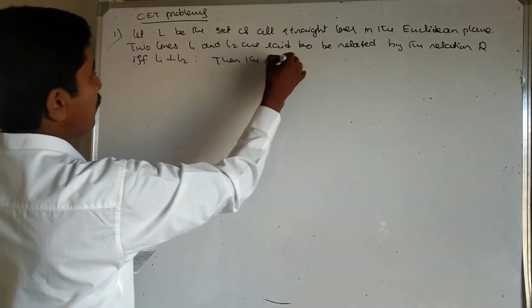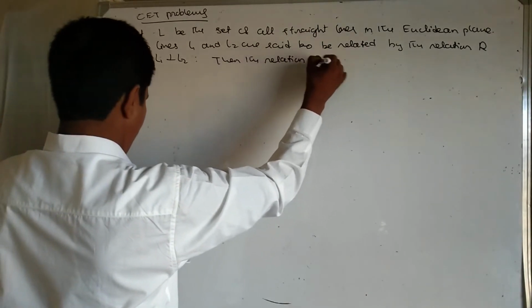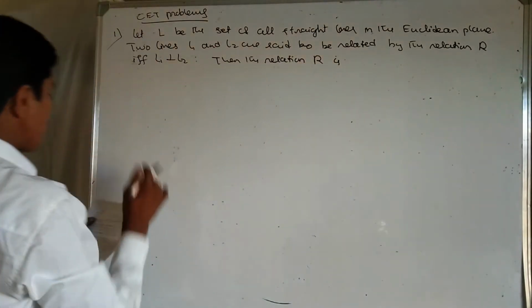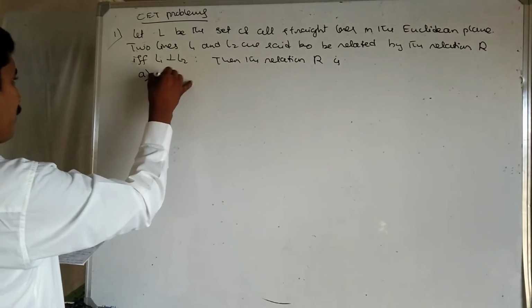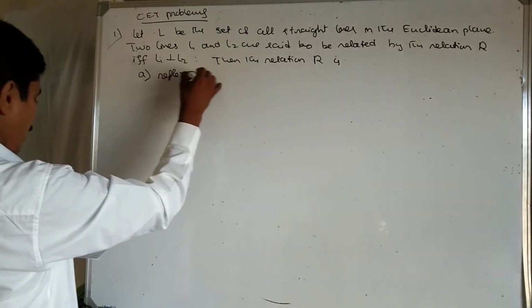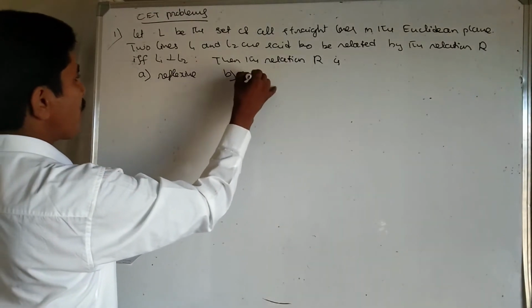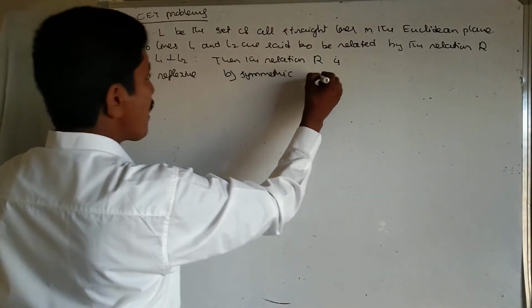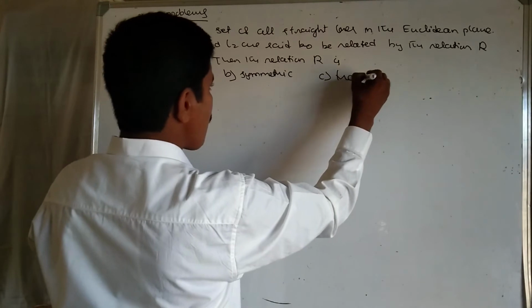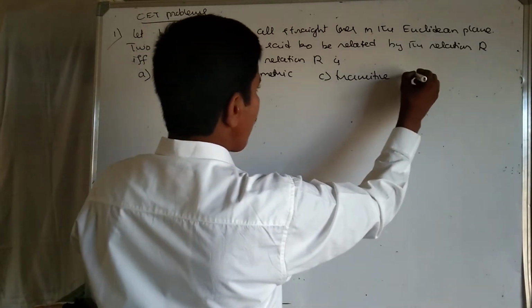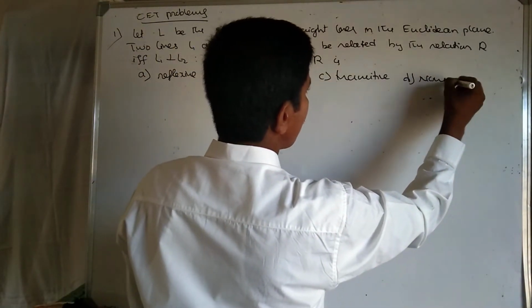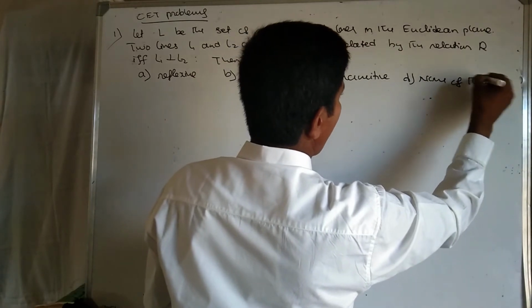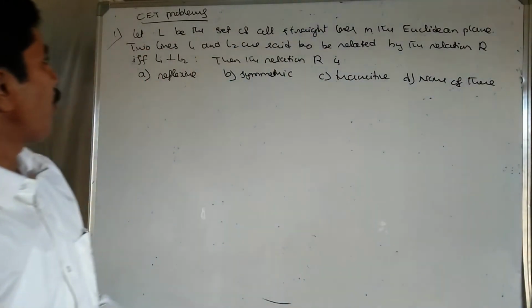Then the relation R is: A option, reflexive; B option, symmetric; C option, transitive; D option, none of these. Mind it.